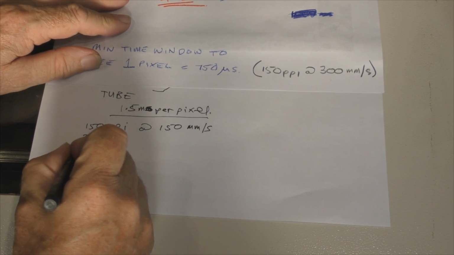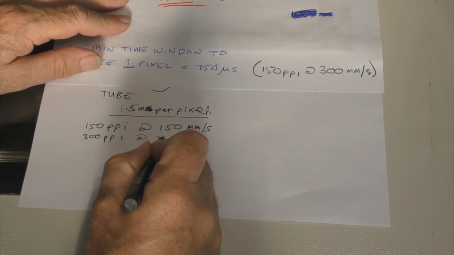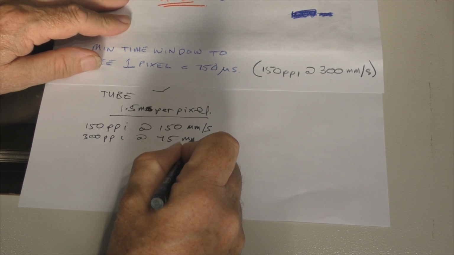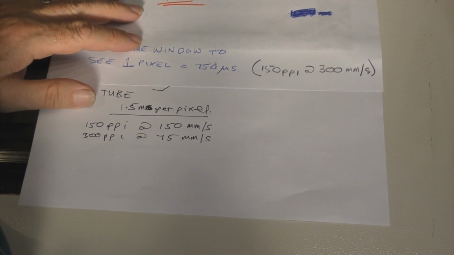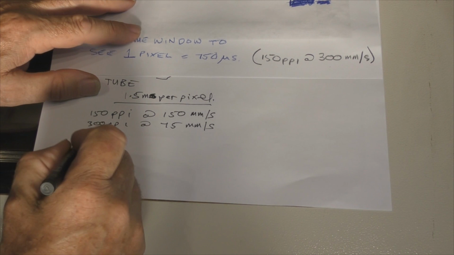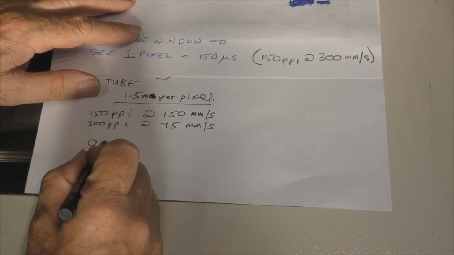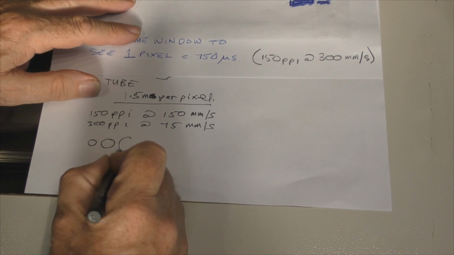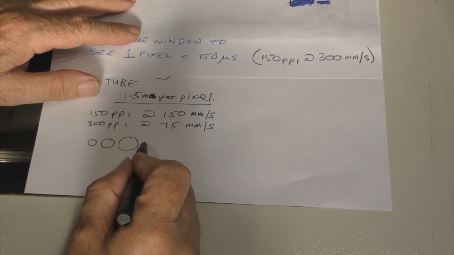Or we could go up to 300 pixels per inch at 75 millimeters per second. Having knocked the top off that euphoria, we've got another hit that we might have to take, and that's all to do with, as we've talked about before, the dot size that you can actually achieve. Now, the faster you run, the smaller the dot will be.